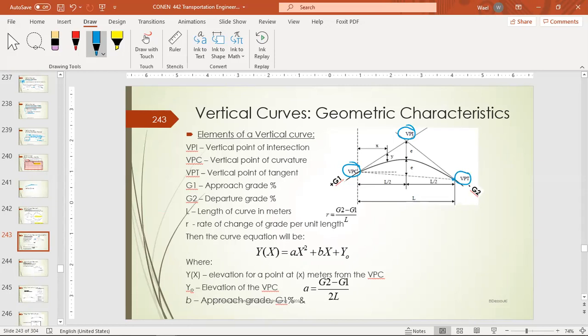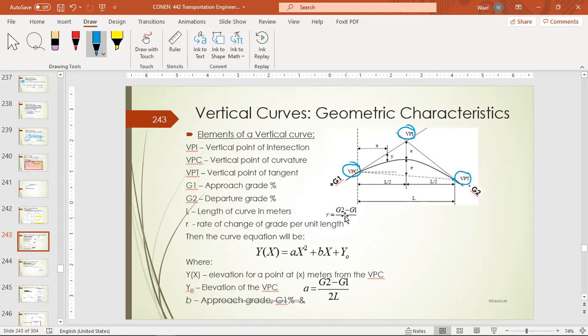We have an approach grade, G1, and G2, and the length of the curve in meters. The horizontal length equals the curvature length. The rate of change of grade, R, is G2 minus G1 over L.